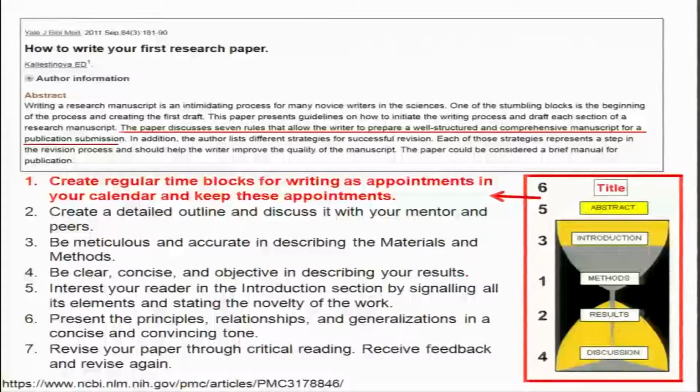That's why the first bullet of the paper is very important. That is, create regular time blocks for writing as appointments in your calendar and keep these appointments. You should have given yourself 1 week for revision. Therefore, you have completed your draft, and you know that in 7 days I go through at least 7 times to revise my manuscript.